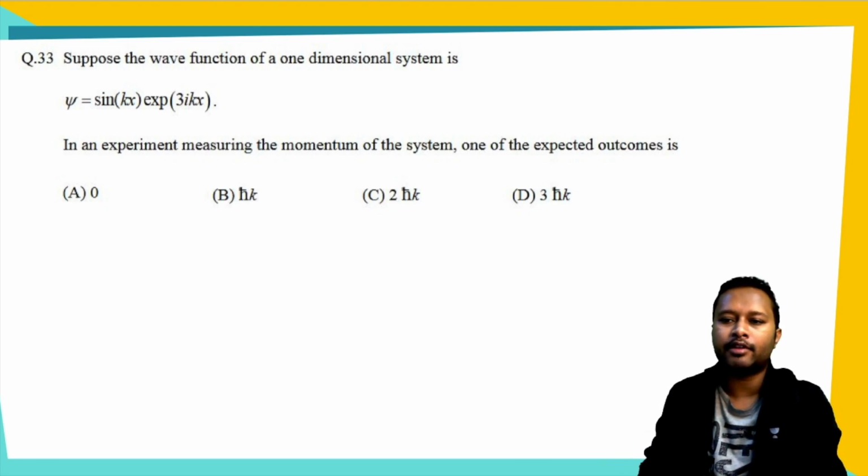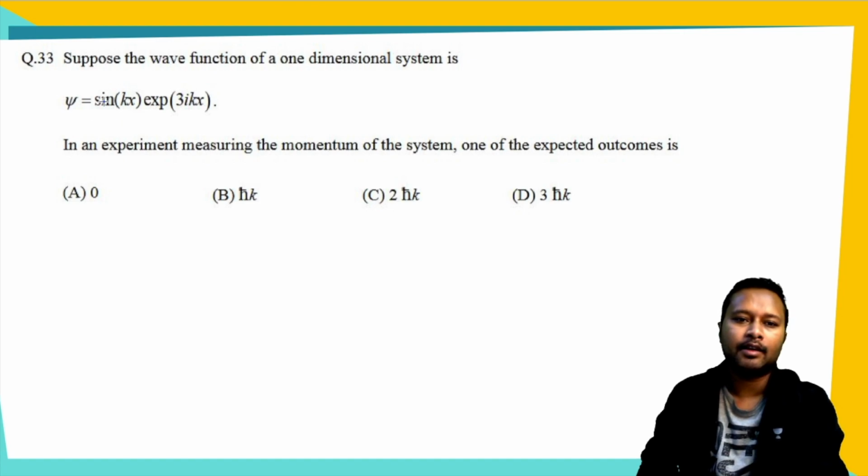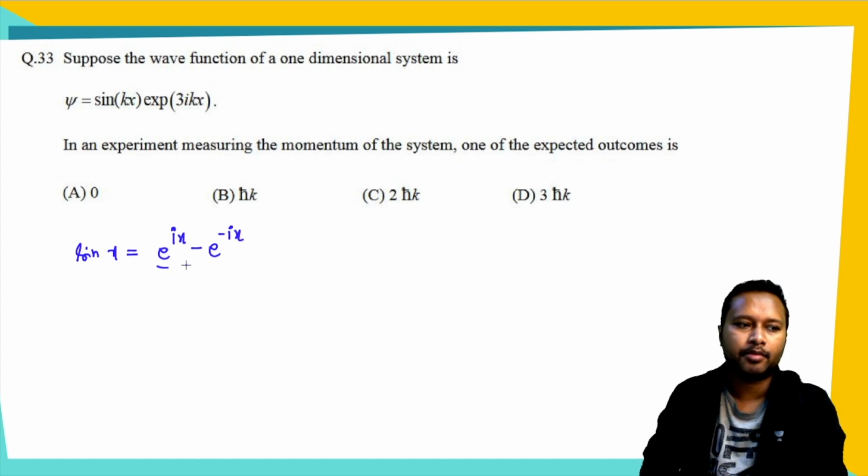The correct way to solve this was to convert this sine function and this particular exponential part into cos and sine form. So you should know this formula, that sin x can be written as e to the power ix minus e to the power minus ix upon 2i.